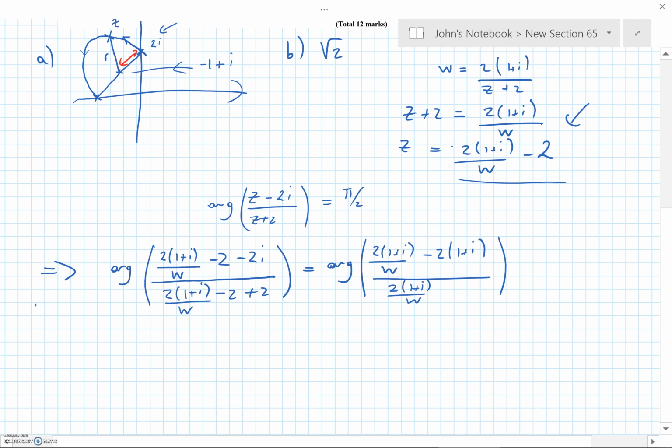Okay, let's put it over a common denominator now and factorize a bit. So that gives us the argument, the w will cancel if I do this now, 2 bracket 1 plus i over w minus 2w bracket 1 plus i, over 2 bracket 1 plus i over w.